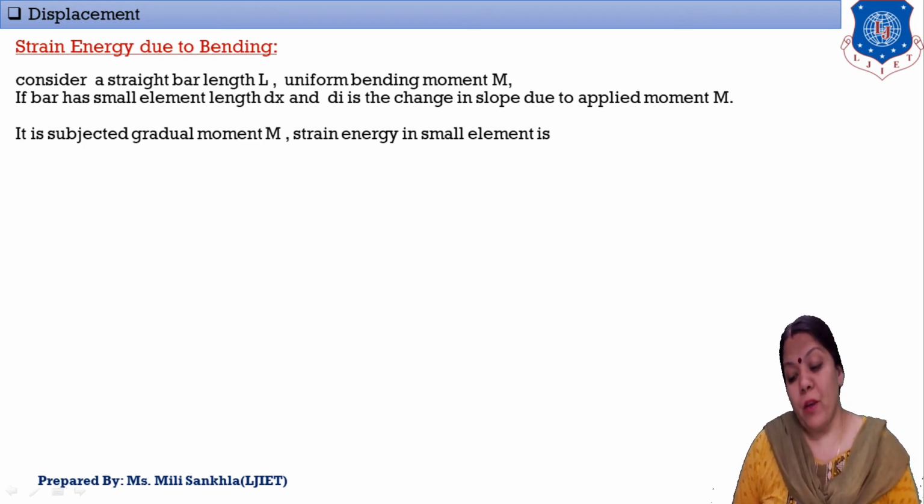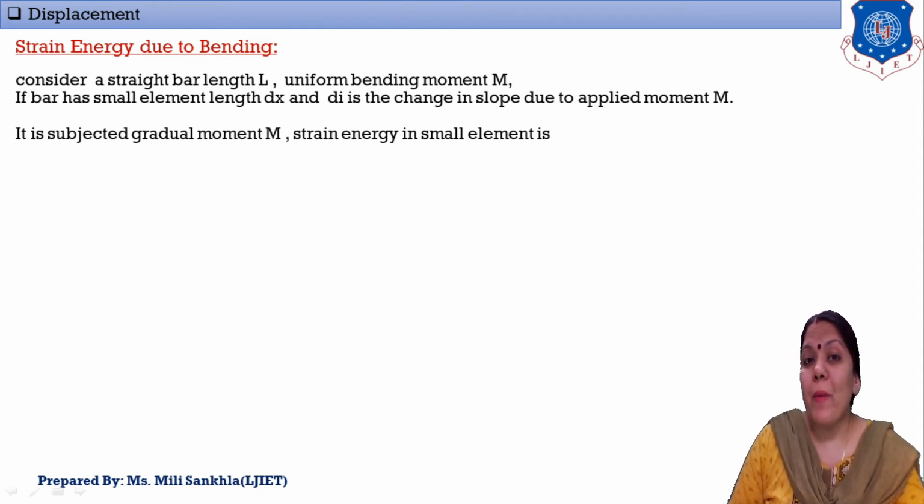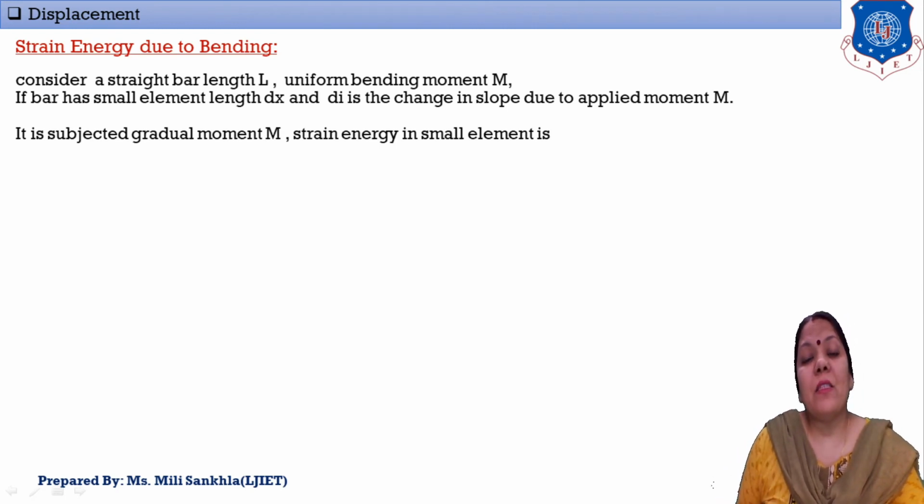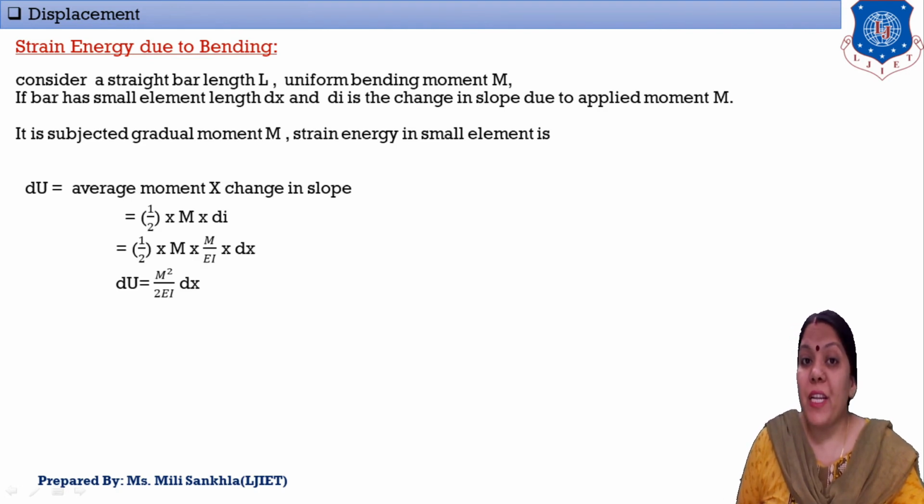If load is applied in Castigliano's theorem 1, when load is applied, deflection occurs, and when moment is applied, slope occurs. Simply dθ is the change in slope due to applied moment M. Now if our gradual moment M is applied, we find the strain energy stored in the small element. So dU is equal to the average moment.